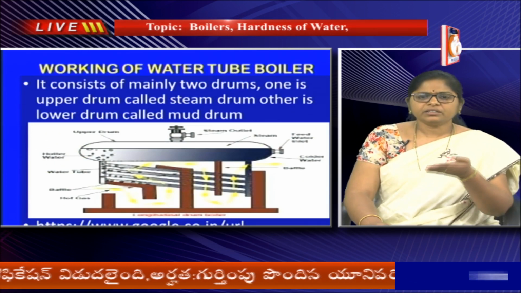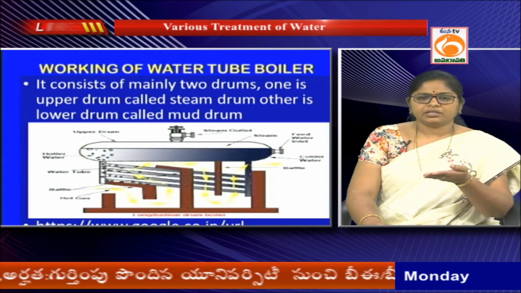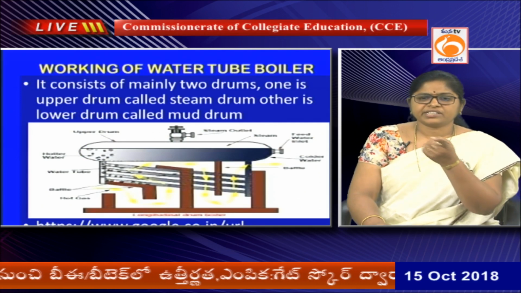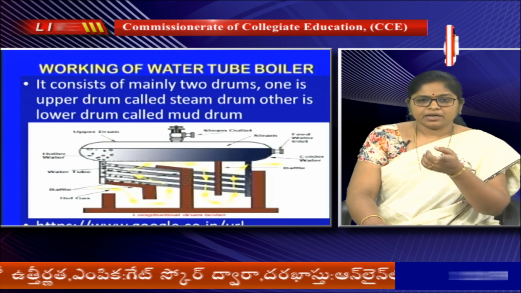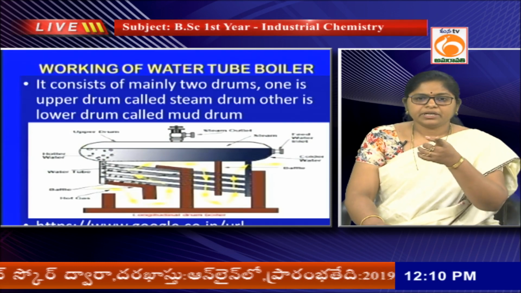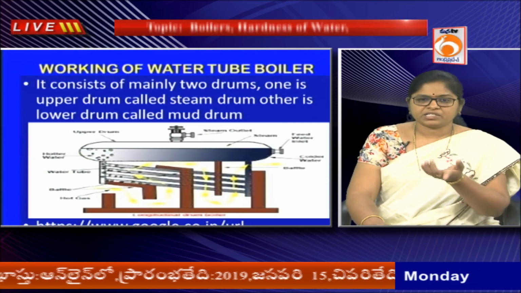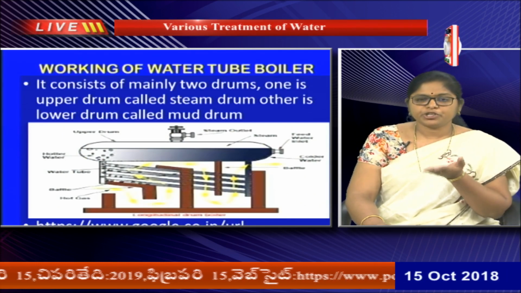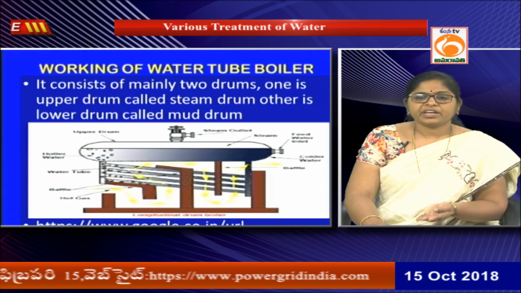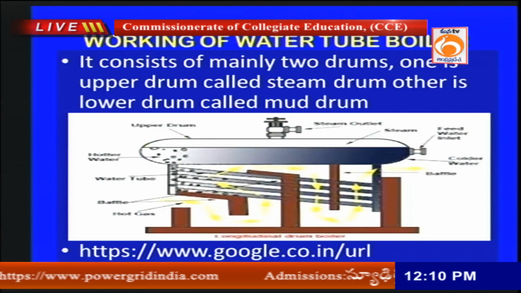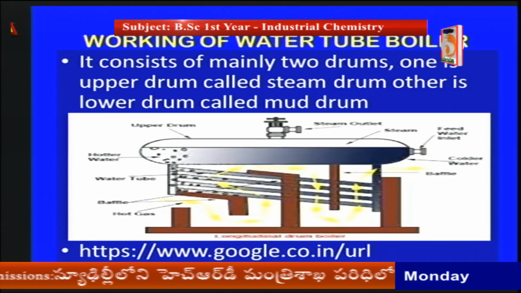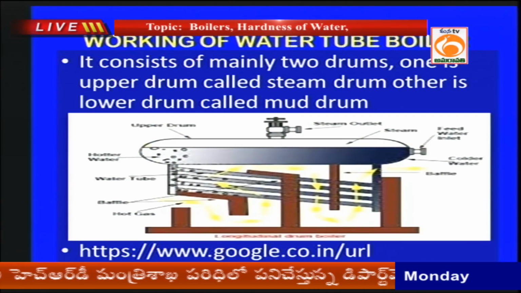Here, with the flame, we are heating the water. One side is the inlet, where water is passed through the multiple tubes. Whenever we heat with the flame, the water gets energized and is converted into steam after its boiling point.